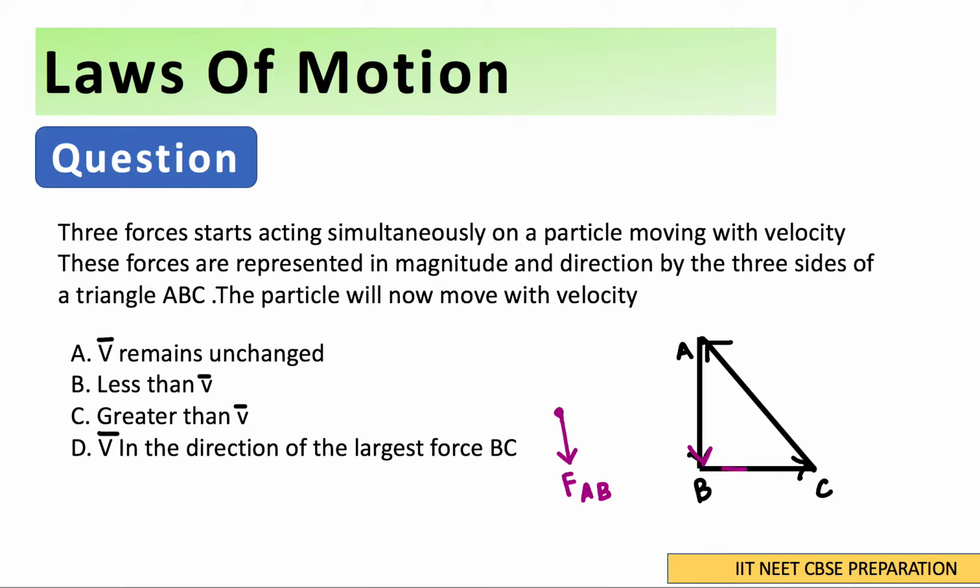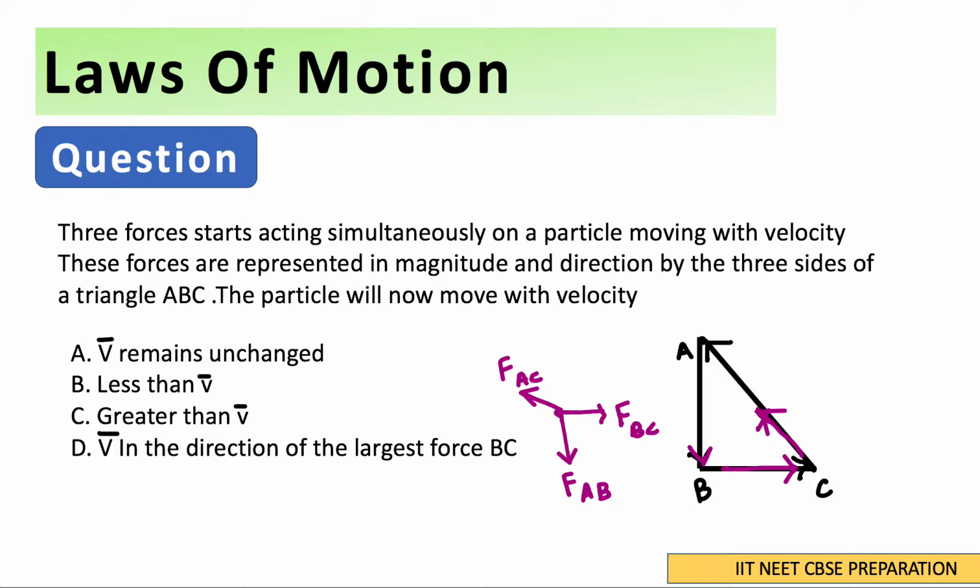Then there is one force acting in this direction, so let us mark that. This is FBC, and there is another force, this one. This is also acting on the particle, so let us say this is FAC.